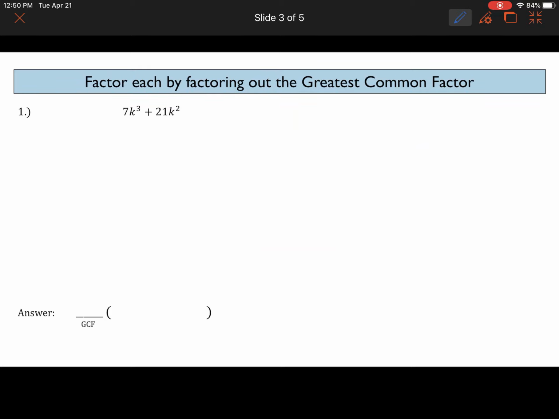So, for example, it says factor each by factoring out the greatest common factor. I'm going to take this expression, and just like we did in the last lesson, the first thing I have to do is find the GCF. So I have my two terms, 7k to the third, so I have 7k, k, k, and I have 21k, k.